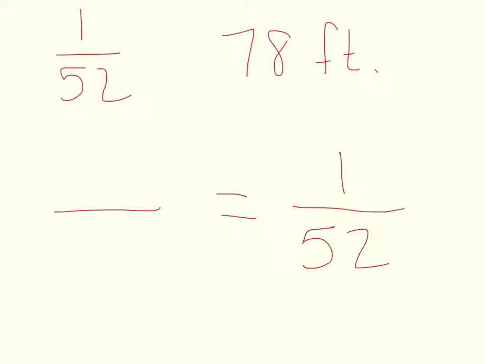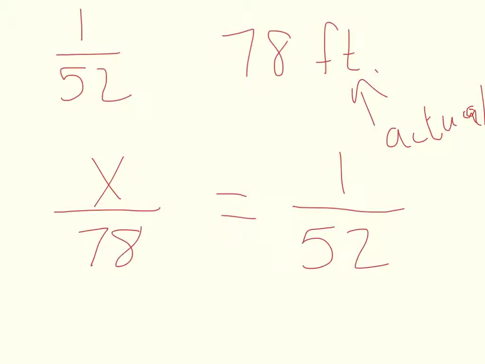In this case, we do not know the scale model size, so we're going to have to put x. Because remember, this 78 here comes from the actual size. The actual size goes in the denominator.